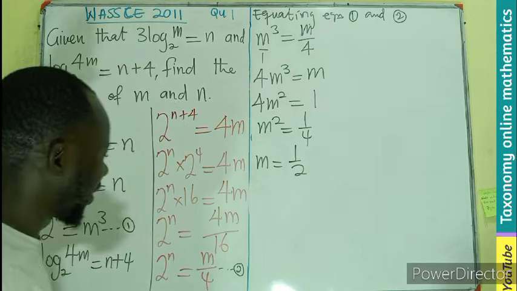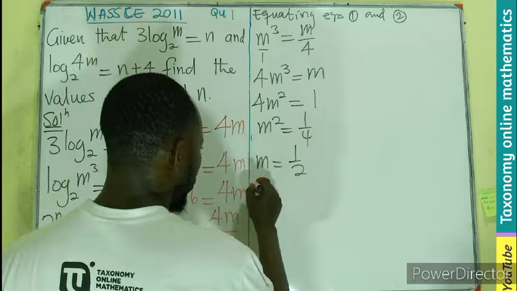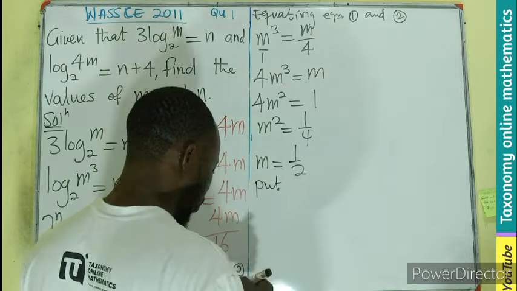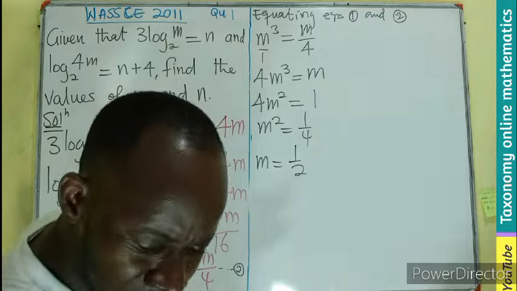Then we need to find that of n. In which equation can we pick? We can pick here, or we can pick the first equation. Let's pick the first one. Let's use a different marker.